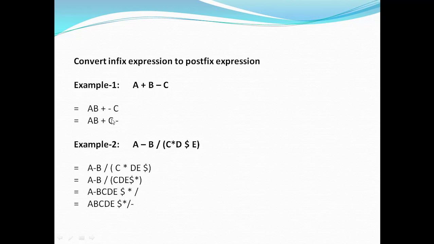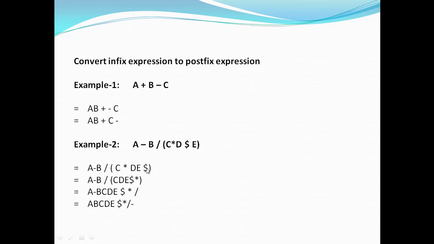Then we'll see another example: A minus B divided by, in the bracket, C multiplied by D exponent E. First we'll convert what is in the bracket, that is C multiplication D exponent E. Here the exponent will be evaluated first as per the rules.